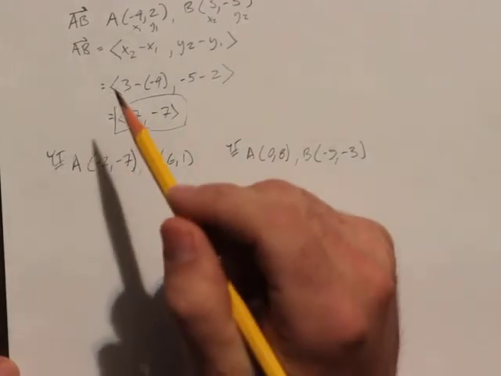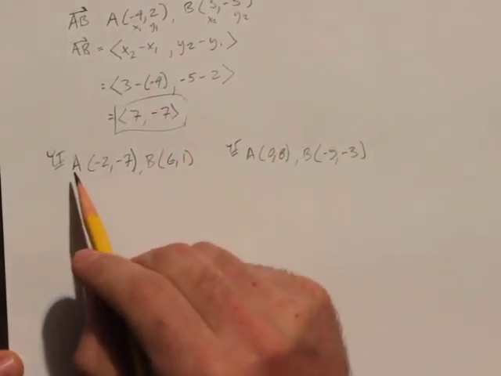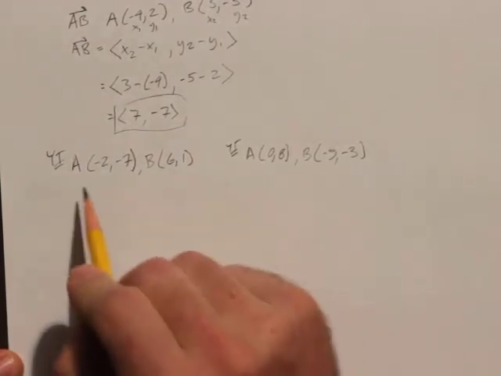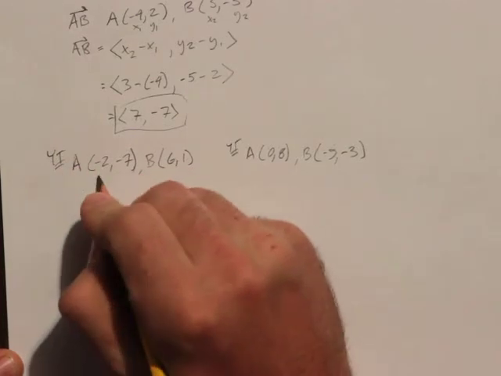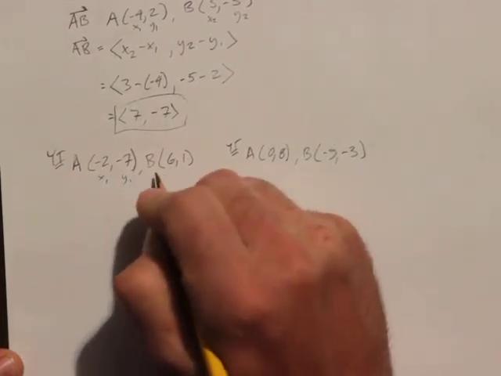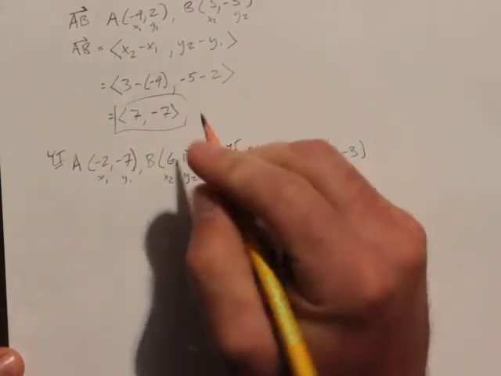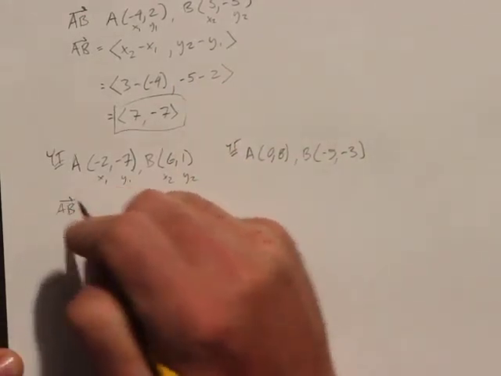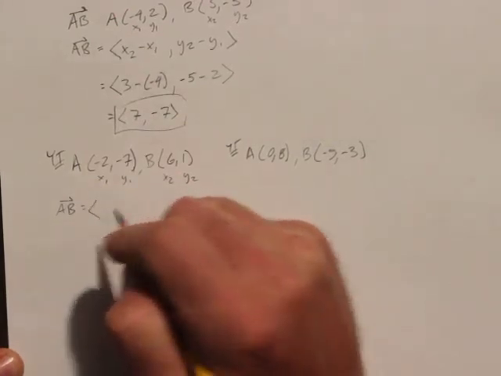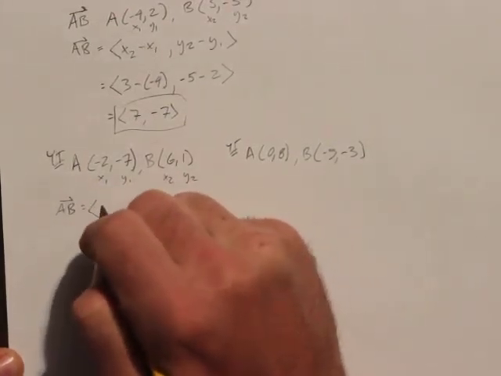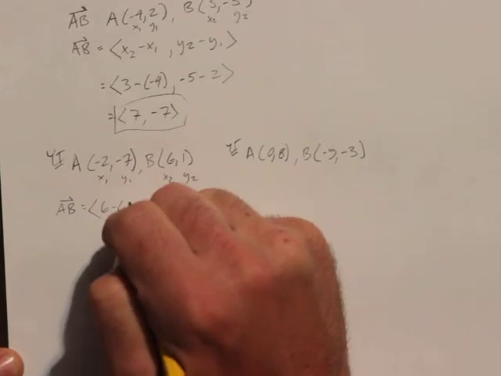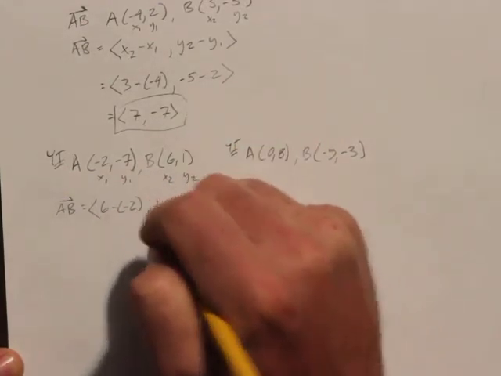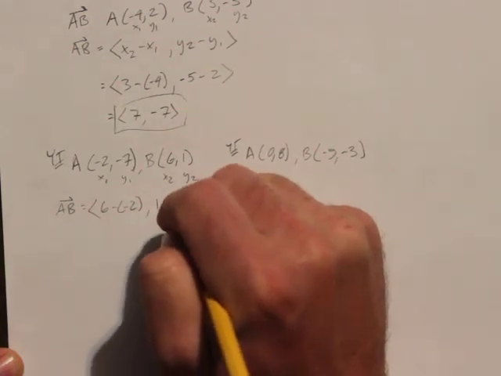Okay, here we go. I'll work through this first one and then I'm just going to give you the answer to the second one. So the first one I'm going to make sure I label, and then I say vector AB equals x2, which is 6, minus x1, and y2 minus y1.